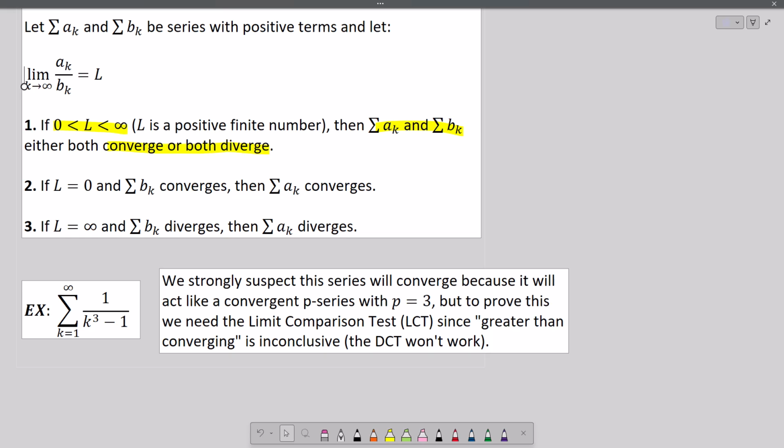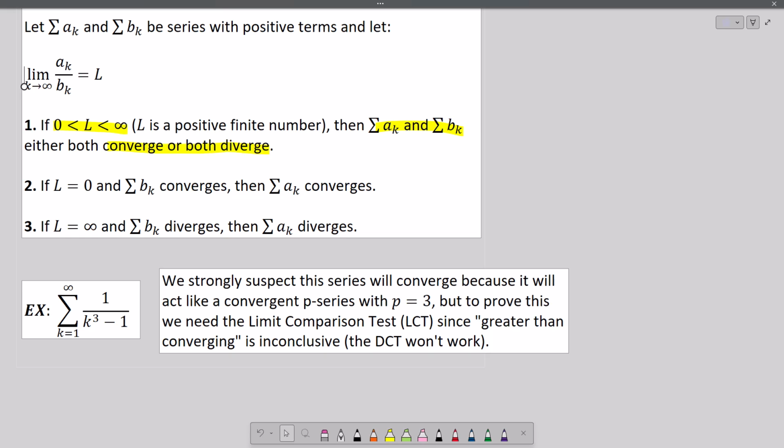Right? If that limit's 0, and both of these are going to 0, the top has to be going to 0 faster than the bottom. If the bottom's going to 0 faster than the top, the limit's going to go to infinity. So if the limit is 0 and the b sub k's converge, well, I just said that the a's are going to 0 even faster than the b's, so the a's must also converge.